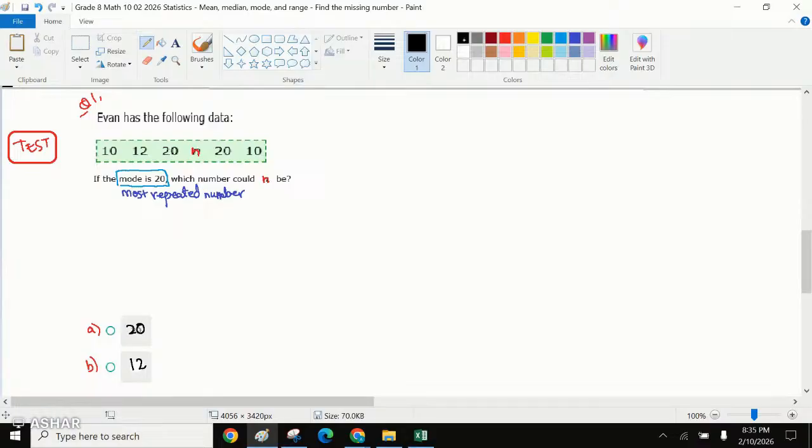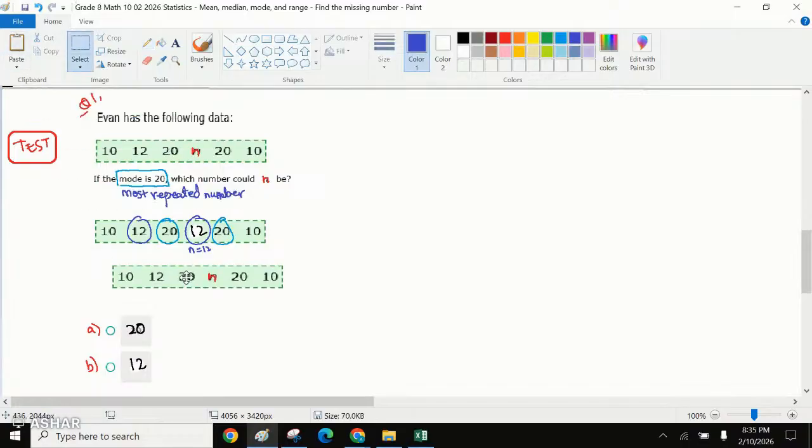Why? If I change the value of n to 12, that means I have 2 repetitions of 20 and 2 repetitions of 12. That means there is no one mode. If n was taken as 12, then there are 2 modes in this case.